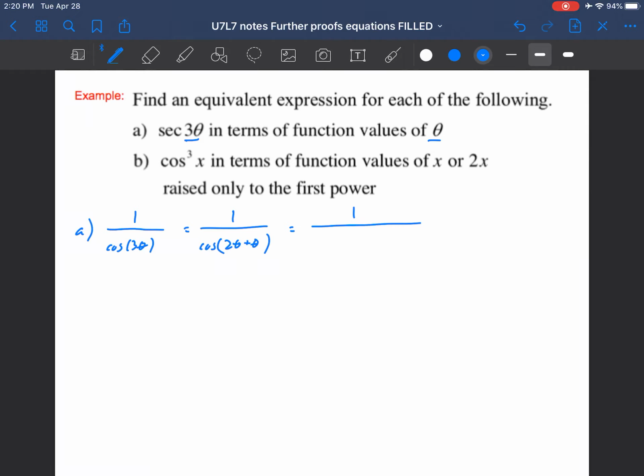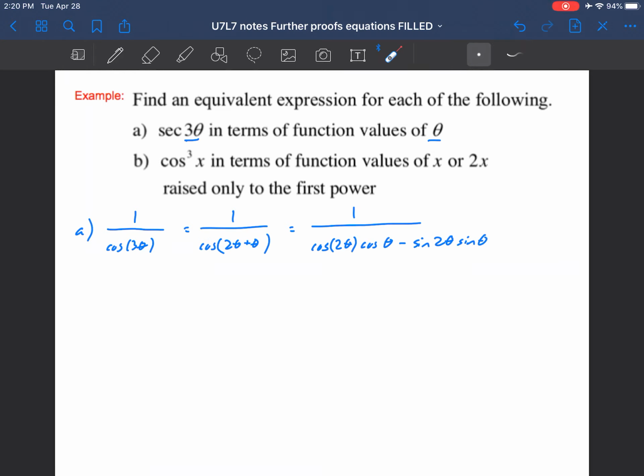And that's equal to 1 over, now if we do the sum rule with cosine A plus B, cosine 2 theta cosine theta minus sine 2 theta sine theta.